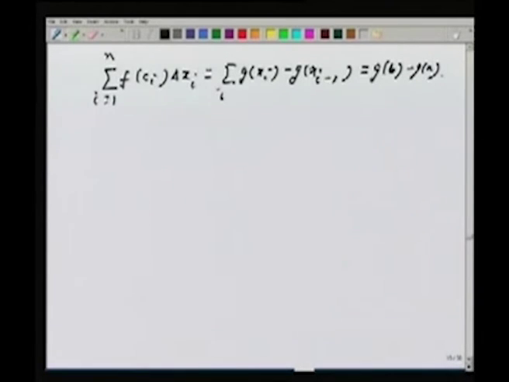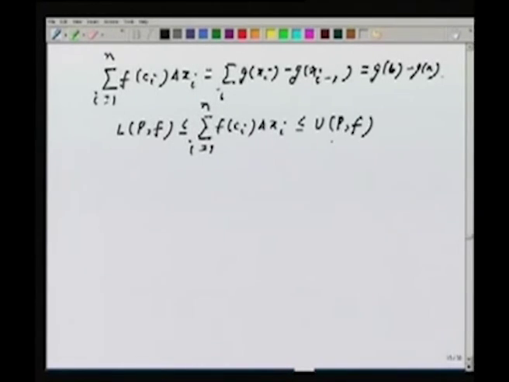Okay. Now I also know that L(P,f) is less than or equal to this summation i from 1 to n f(c_i) times delta x_i, and less than or equal to U(P,f), because U(P,f) comes from the maximums of f and L(P,f) comes from the minimums, but c_i is an arbitrary point, so it lies in between. So this is okay.